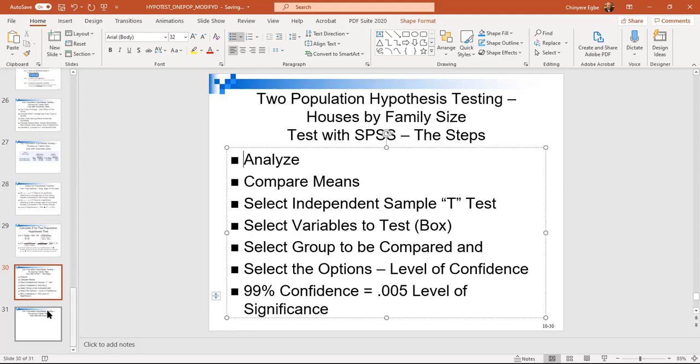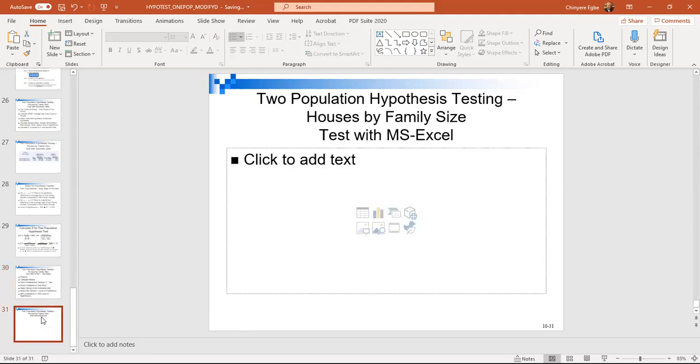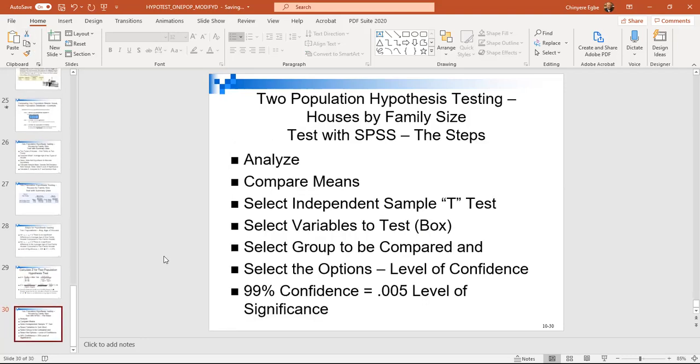So let us now look at how we apply the steps. I'm going to share the SPSS process. Here is the SPSS process.